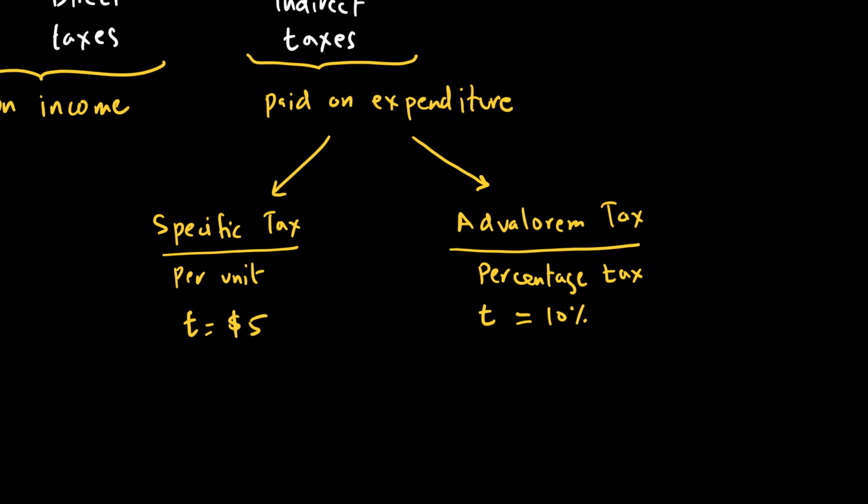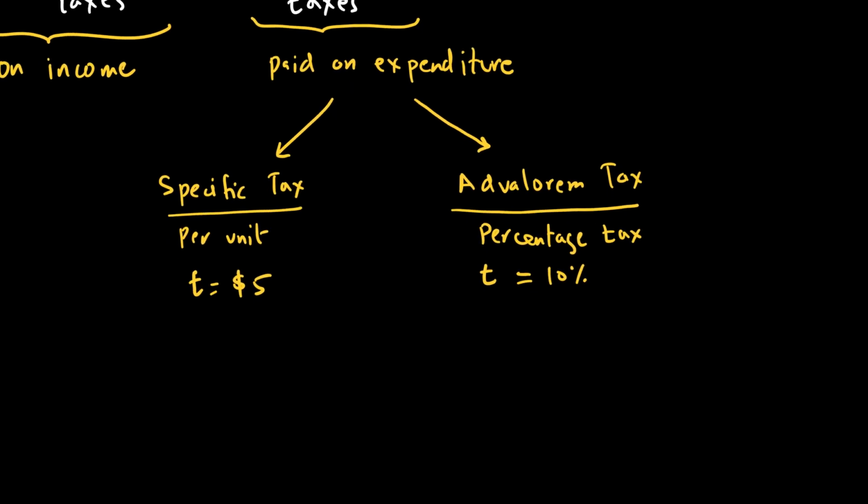The percentage means that the higher the price that you pay for the good, the higher will be this tax amount, because 10% of a larger number will be much more than 10% of a smaller number. On the other hand, a flat tax does not vary, it remains the same.